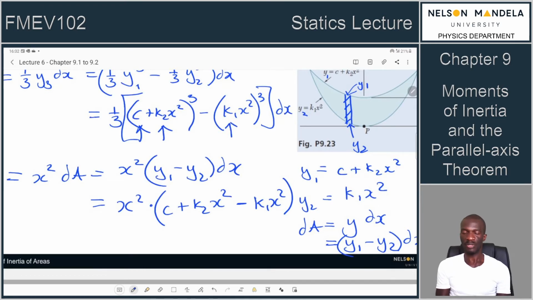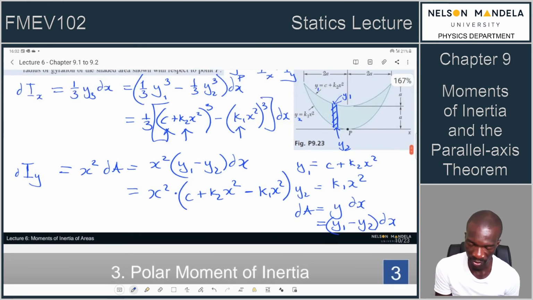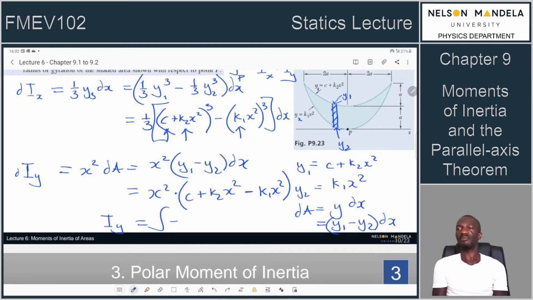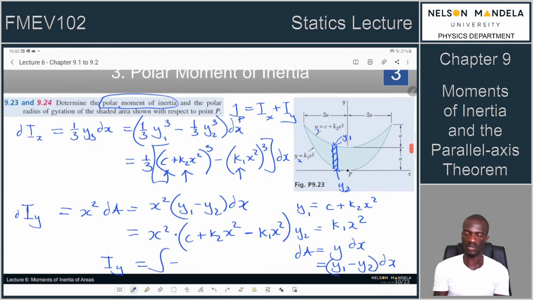You can proceed with the integration, because all you need is now your Iy, which is equal to an integral of this whole term there. Right, so basically that summarizes your Ix and the Iy. So if you would need to find the area, it's obvious for the calculation of another parameter. I've not introduced it, so let's not get there. So this is just the first part.